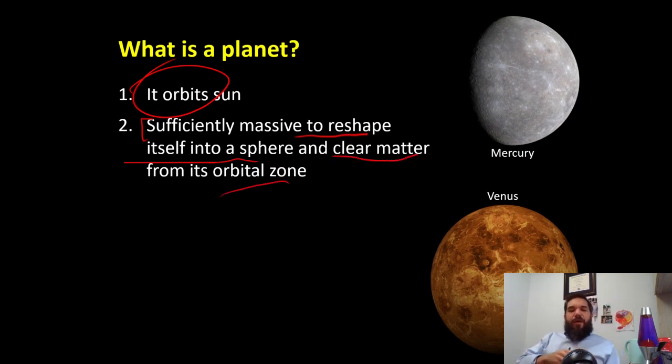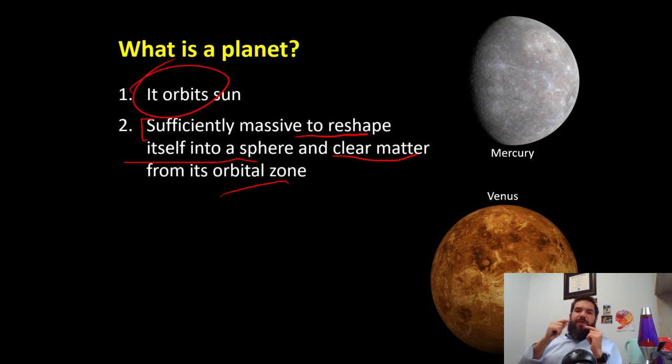What does that mean? Well, if you get so large, you're going to assume roughly a spherical shape because the force of gravity has increased so much that your surface is pulled towards the center and it smooths everything out. And it's hard to maintain an irregular body once the mass becomes so large and it's reshaped into a sphere.